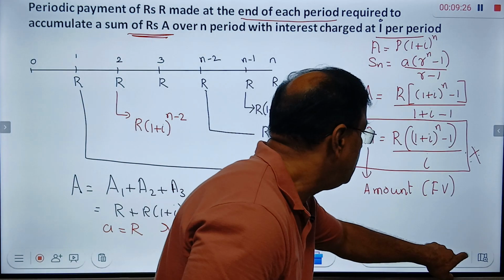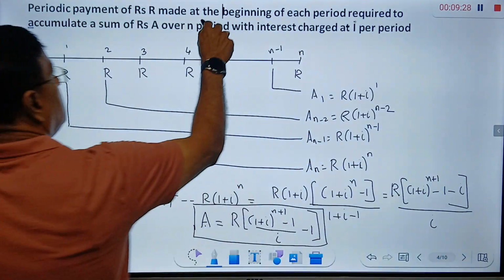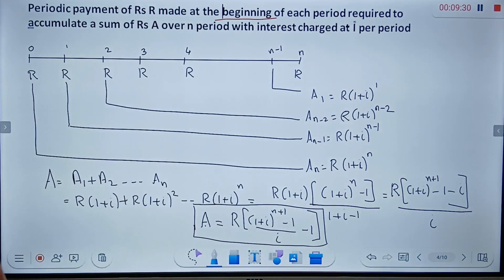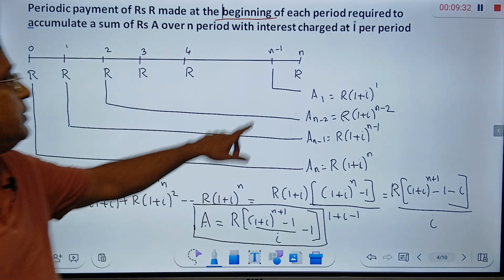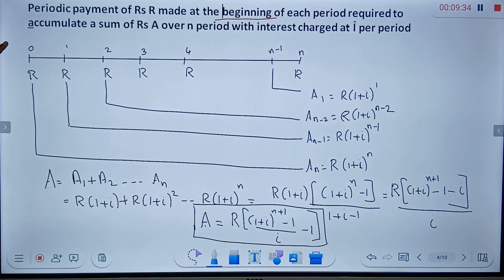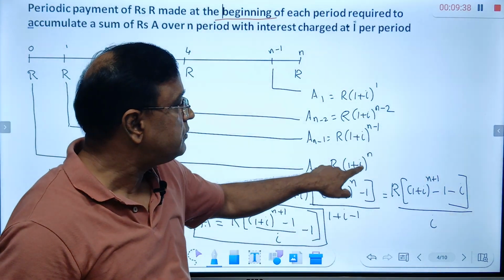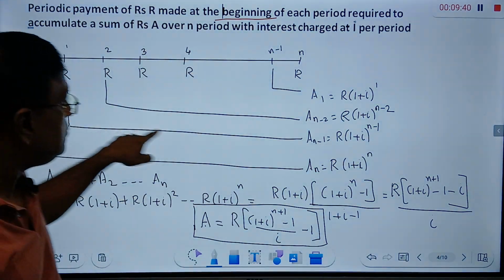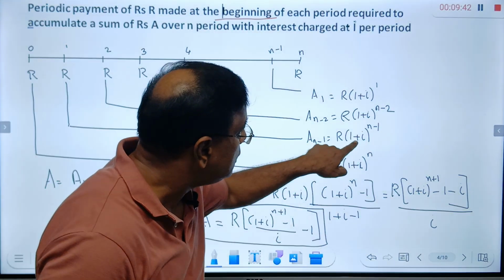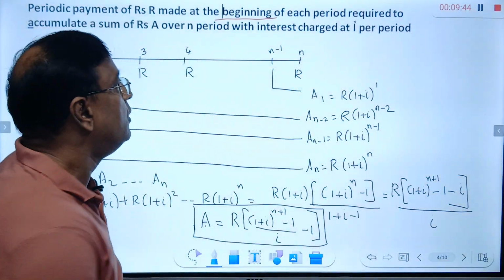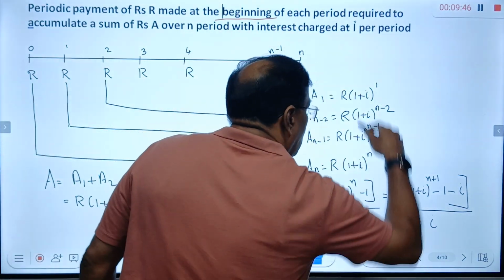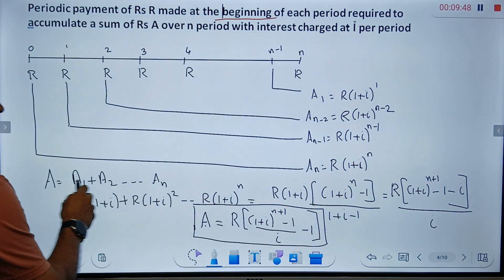Now, what if the amount is invested at the beginning? If the amount is invested at the beginning, it is going to be there for n periods. So An is going to be R into (1 plus i) power n. An minus 1 will be R into (1 plus i) power n minus 1. Now you add all the amounts.